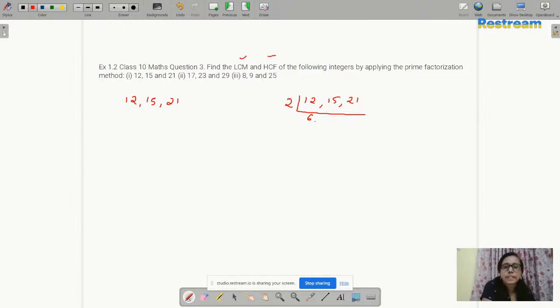So the common factor is 3, we will take 3. 3 goes into 12 4 times, 3 goes into 15 5 times, and 3 goes into 21 7 times. Okay, so first we can write the HCF, the common factor. So HCF is equal to 3, right? HCF is equal to 3.